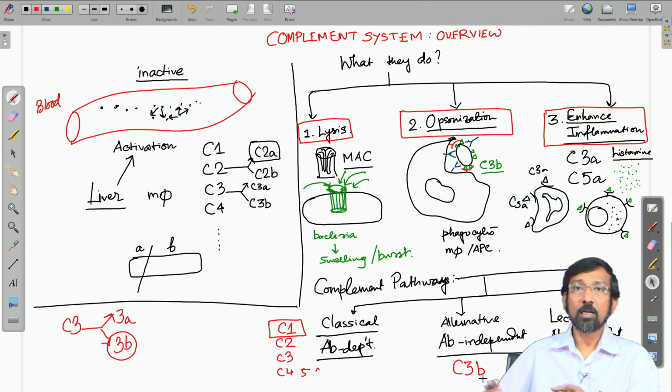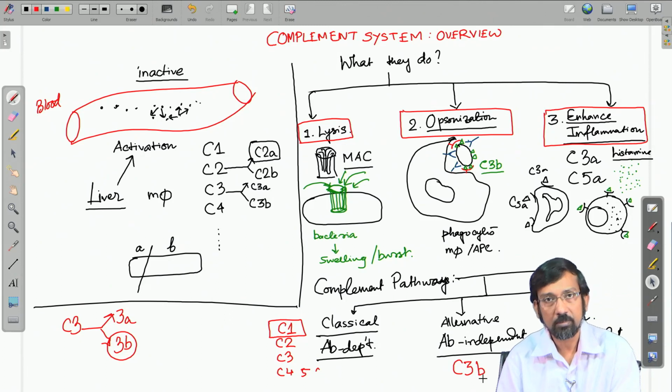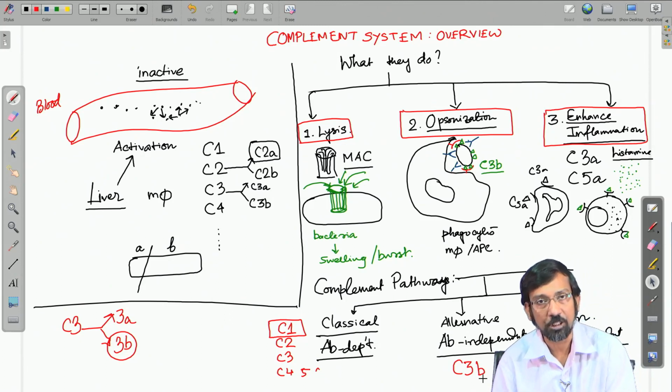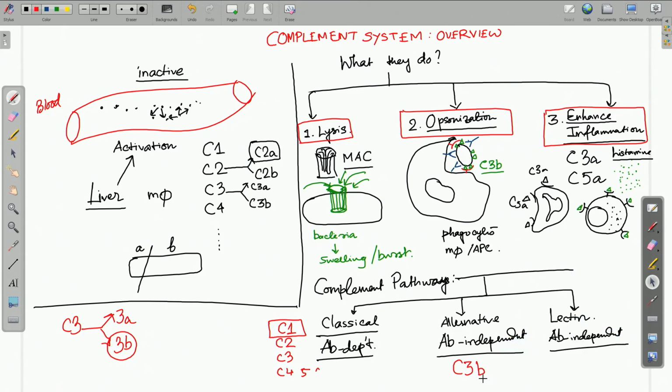Alternatively, it can also start as a helper pathway for the classical activation. That means, when the classical pathway has already been initiated, then the alternative pathway can start as a signal amplification system. So, it can even amplify the whole thing.